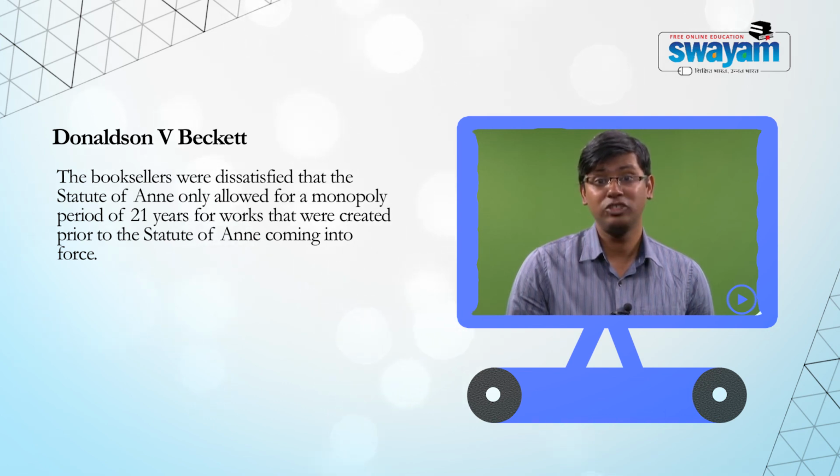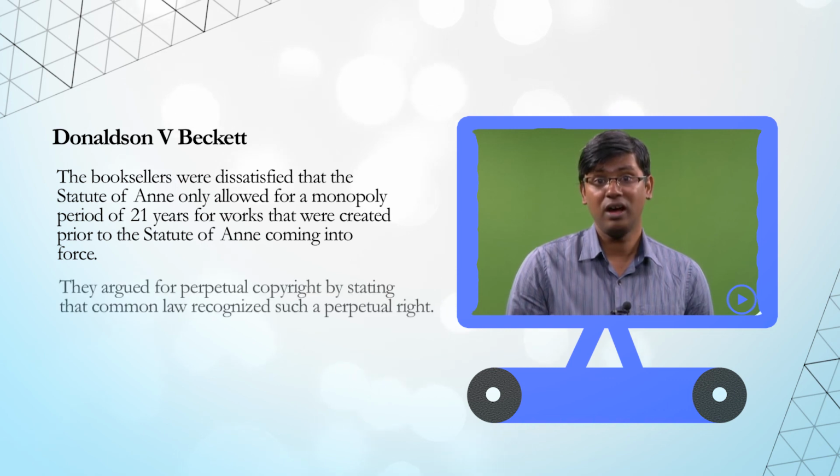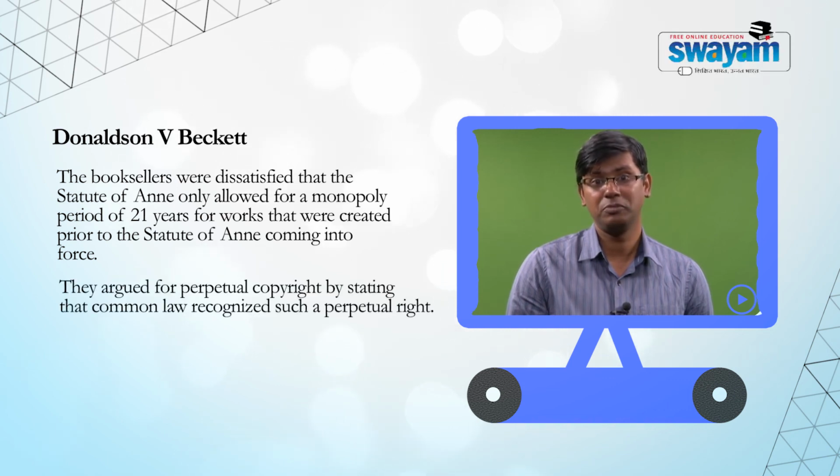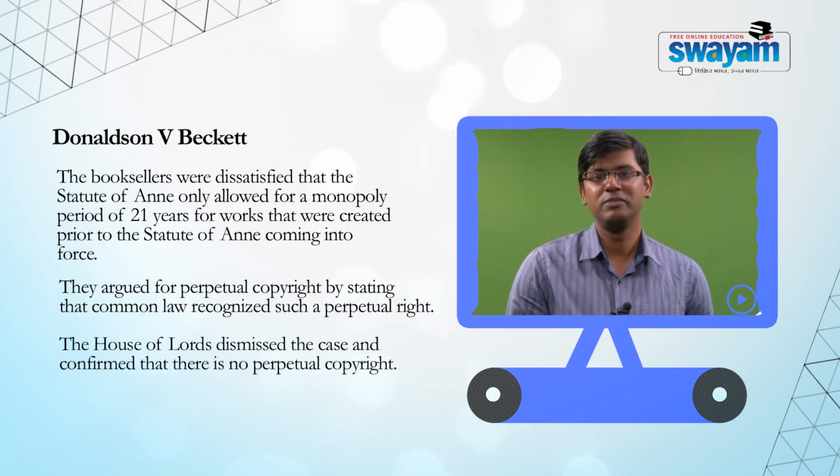If perpetual copyright ownership was allowed, then works written by Shakespeare and others would allow the printers to maintain their monopoly. They argued specifically for perpetual monopoly, stating that common law recognized such a right. But the House of Lords dismissed the case and confirmed that there is no perpetual monopoly with respect to works that are written by authors.